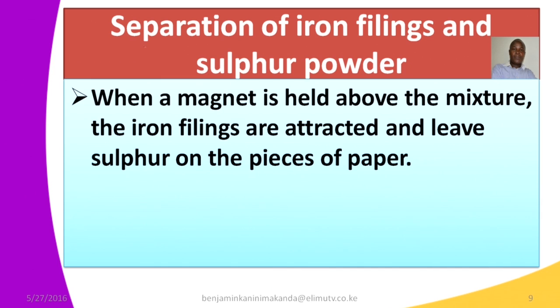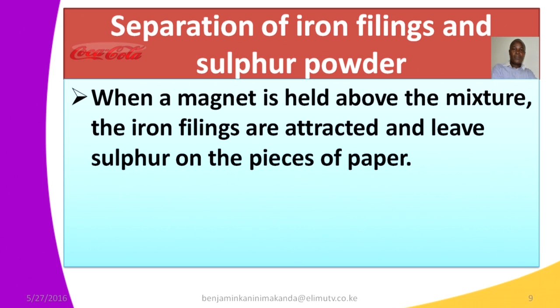We have observed this because iron filings are magnetic material, and because they are magnetic material, they get attracted to the magnet, leaving behind the sulfur powder on the piece of paper. And then you can confirm that what is left behind is sulfur by looking at the color of the remnants on the piece of paper. The color is going to be yellow, confirming that actual sulfur has not been attracted, but instead left on the piece of paper.